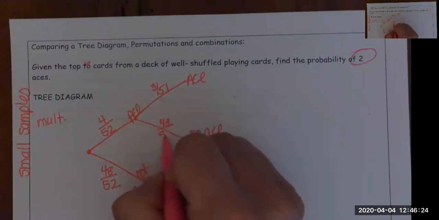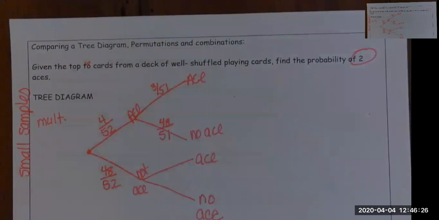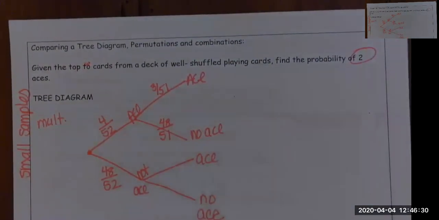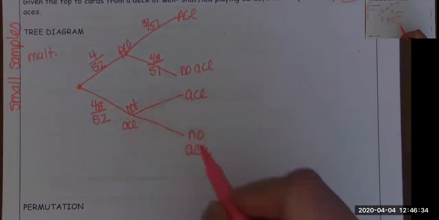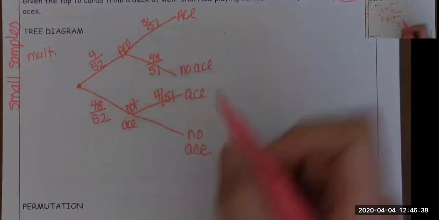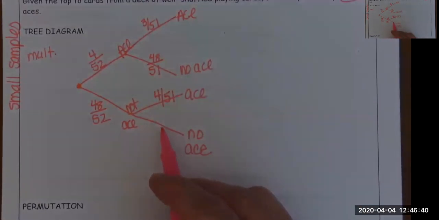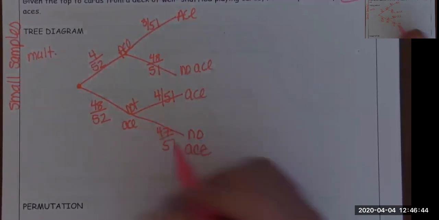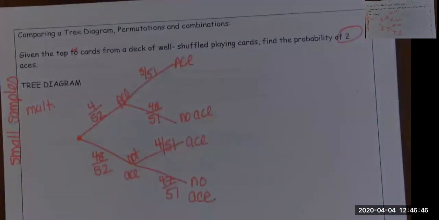But out of 51, because 1 card is gone. Now, if I go this route, I did not get an ace. So what's the probability I get an ace this time? Well, there's still 4 aces in that deck, but there's only 51 cards. Down here, I took 1 card, so now I have 47. Okay, so here's our tree diagram, and you know how to do a tree diagram.